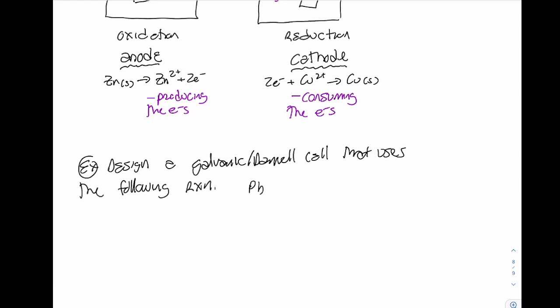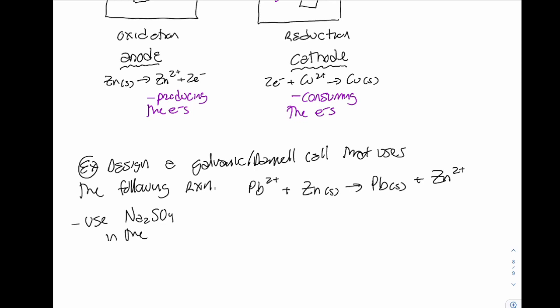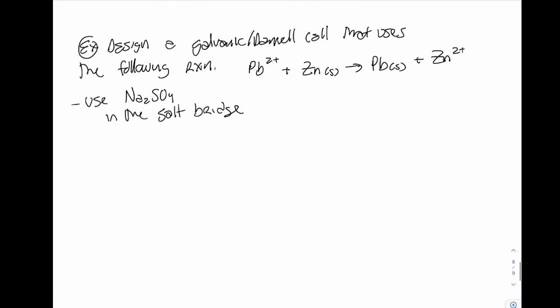We're going to have lead 2 plus and zinc solid going to lead solid plus zinc 2 plus. And we can use sodium sulfate again in the salt bridge. Sometimes I forget to tell you what to use. Sodium sulfate's always a good choice. Just pick something that's inert.